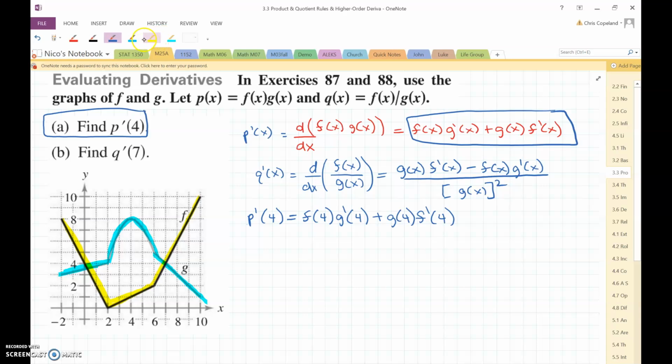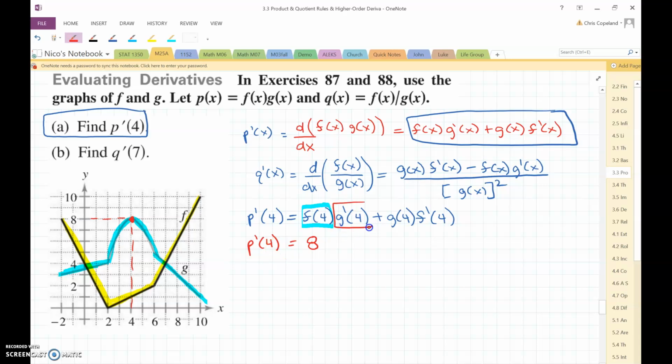So first of all, f of 4, if you look at f of 4, that's going to be 8.